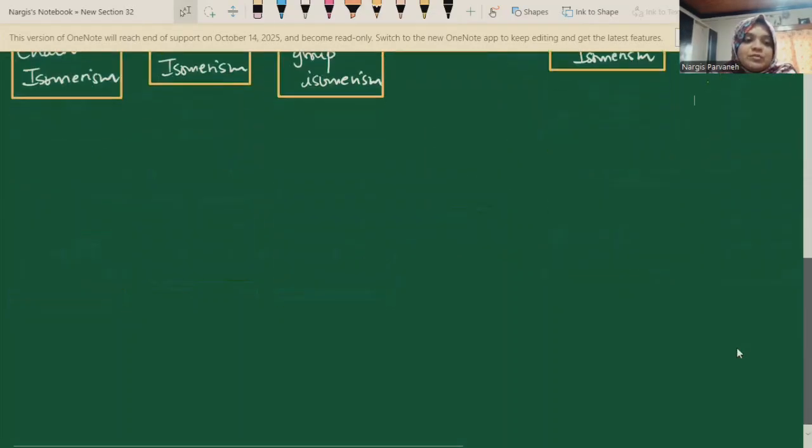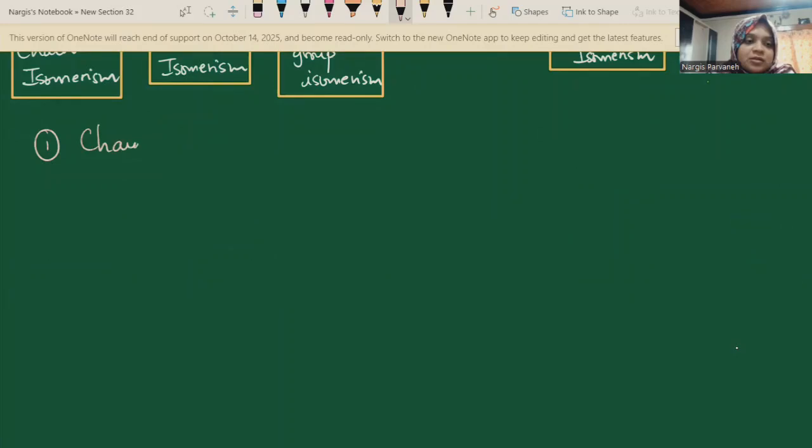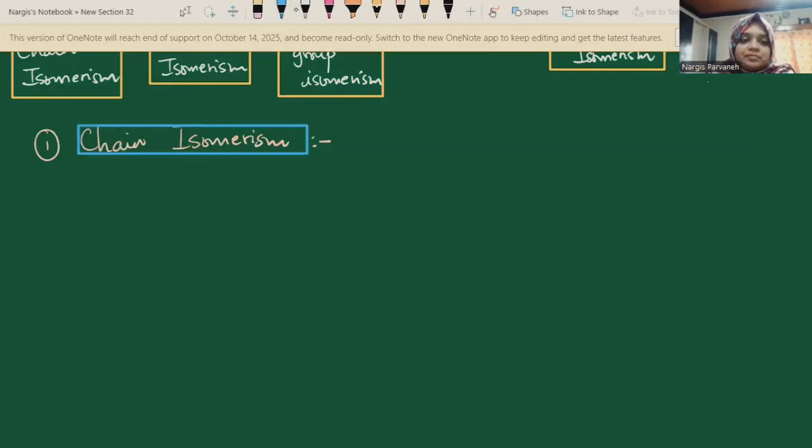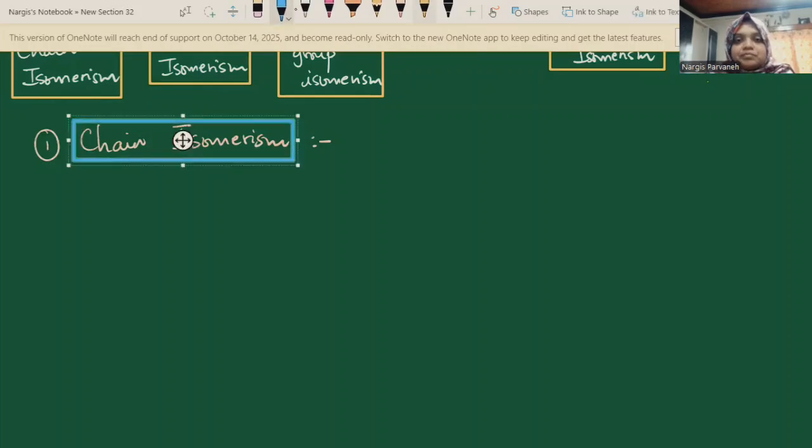Coming to the first type of isomerism, the chain isomerism, as written over here. Let us see what this is. The word itself is telling you that it is related to the carbon chain.